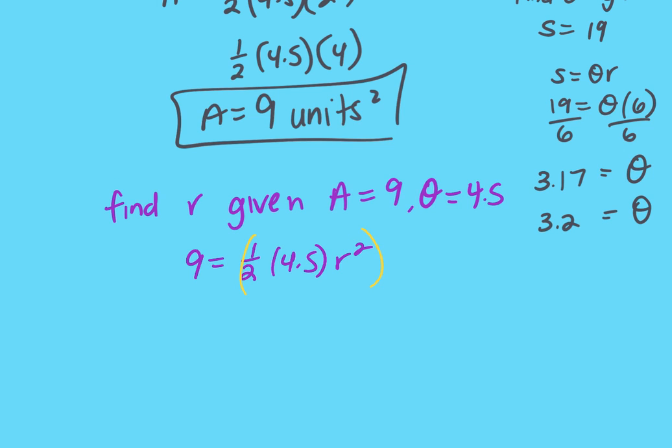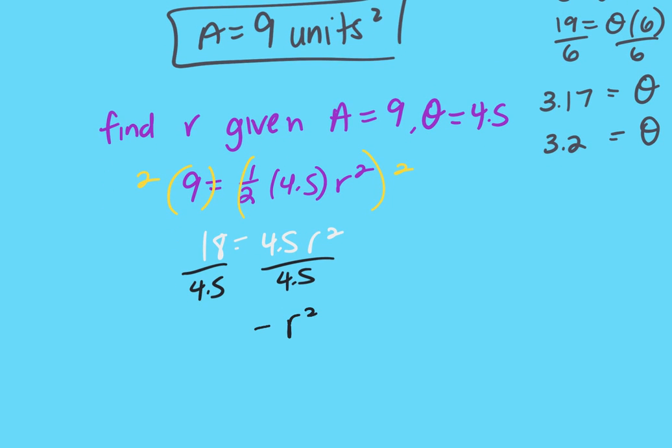I could multiply everything by 2. 18 equals 4.5 R squared. Divide both sides by 4.5. R squared equals 4, and R would equal 2. You could also multiply the 1/2 to 4.5. You can do it in any order you want, and you have your calculator.